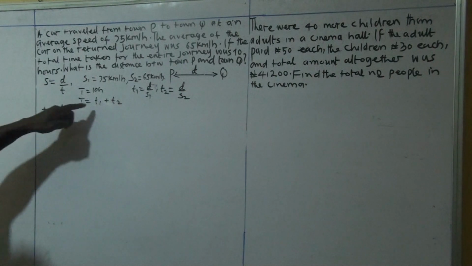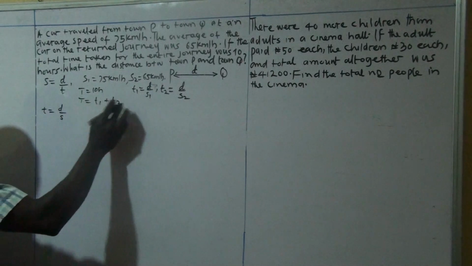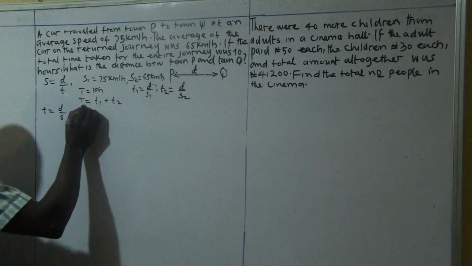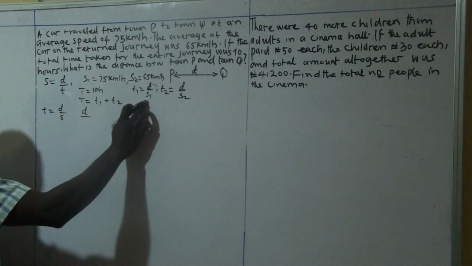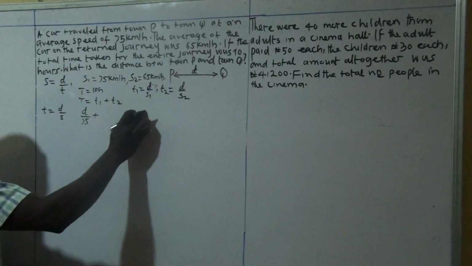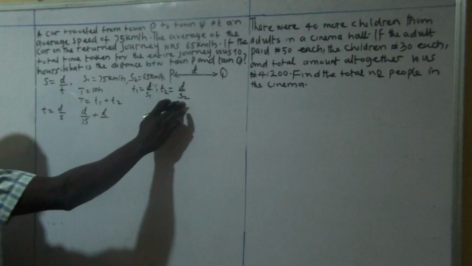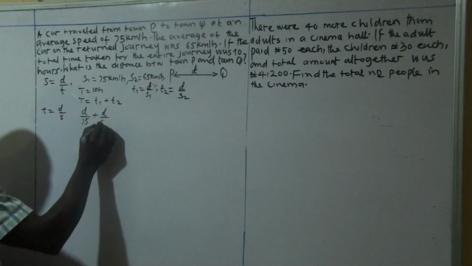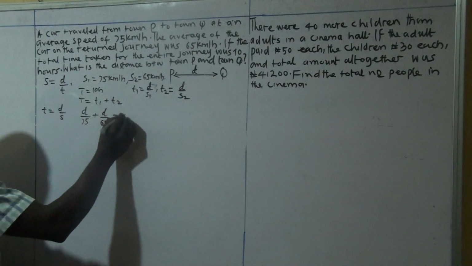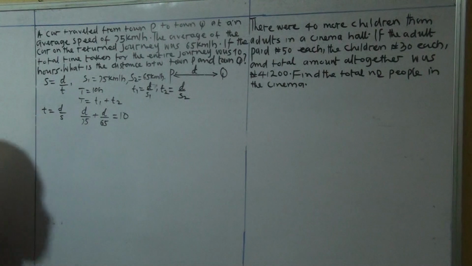So we connect this to this formula by saying that our T1, D over S1 which is 75, plus T2, D over the speed S2 which is 65, is equal to the total time, which is 10 hours. So we have connected everything into this formula.